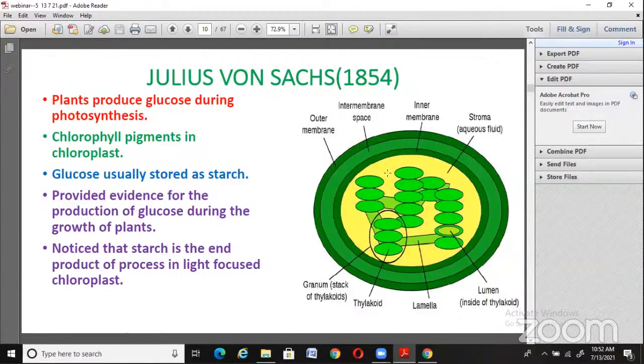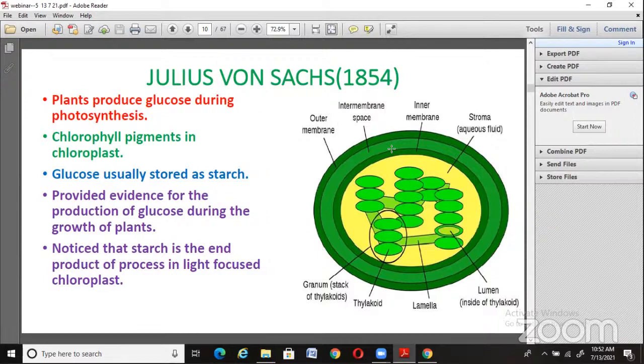And in this stroma, you'll find many groups of structures, and each group is called a grana. What is grana? In this, you are able to see plate-like structures arranged one in another. See this group also.